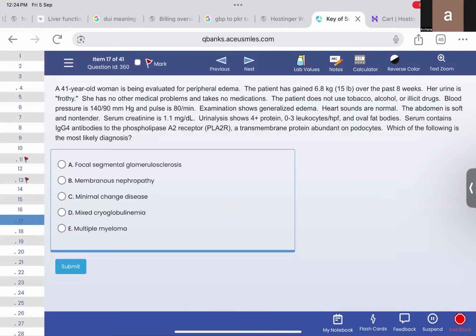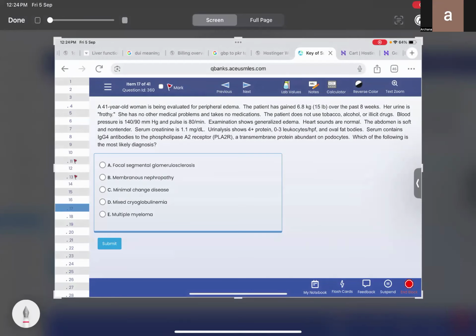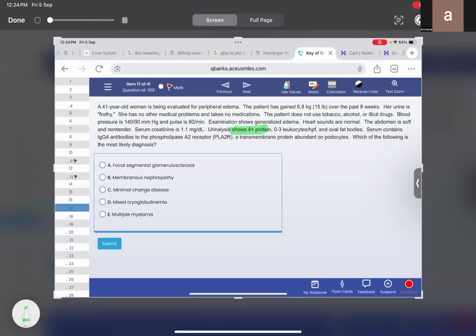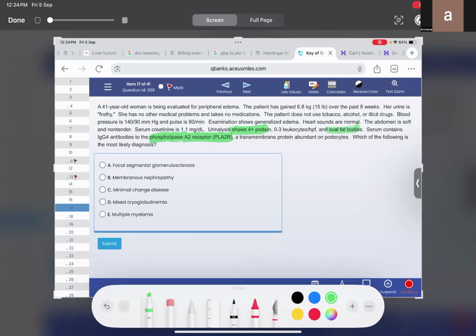The abdomen is soft and non-tender. Serum creatinine is 1.1 milligram per deciliter. Urine analysis shows 4 plus protein, 0 to 3 leukocytes per high-power field, and oval fat bodies. Serum contains IgG4 antibodies to the phospholipase A2 receptor, a transmembrane protein abundant on podocytes. Which of the following is the most likely diagnosis?